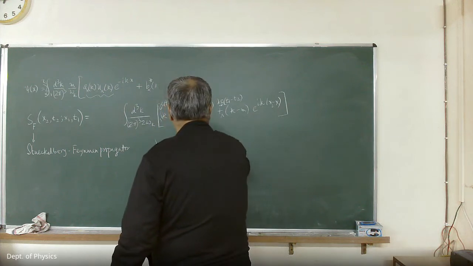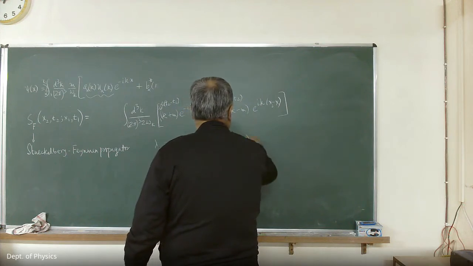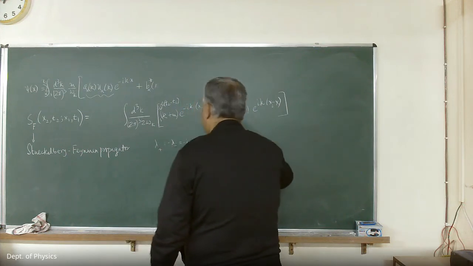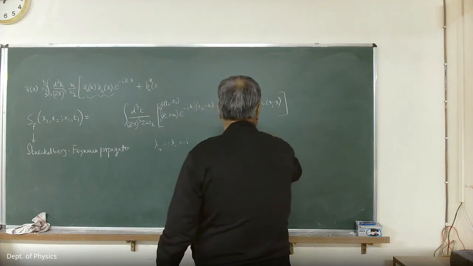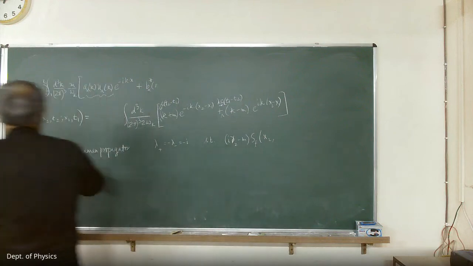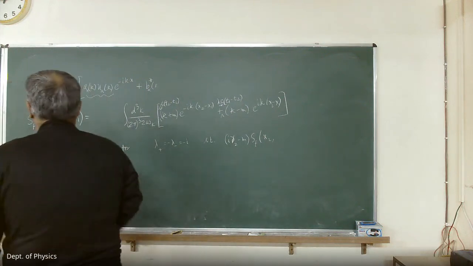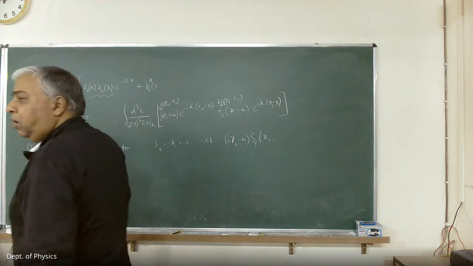So that (i del-slash minus m) S_F(x2, x1). Okay, these are 3-vectors at time t2.